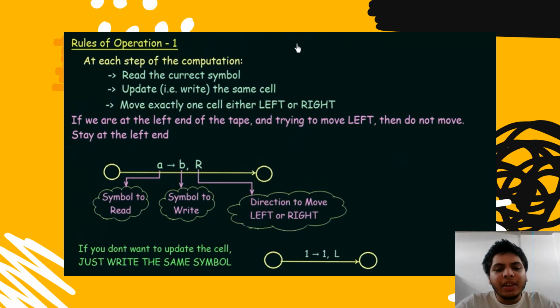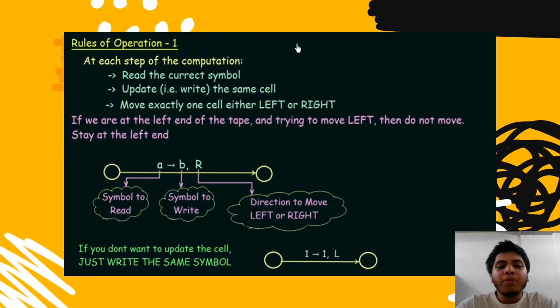You can read the current symbol and then update it, that means write in the same cell, which is the cell on which your tape head is currently present. And then you can move exactly one cell either to the left or to the right, only one step, not more.